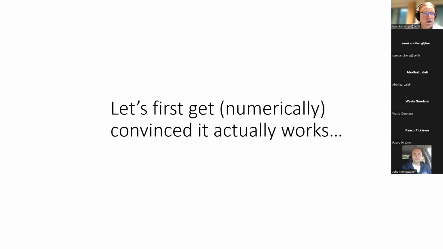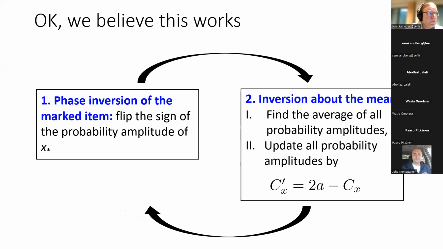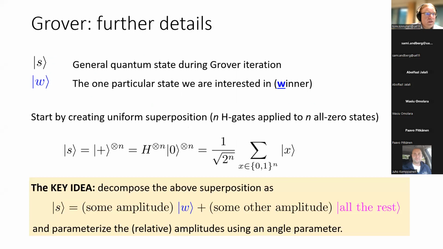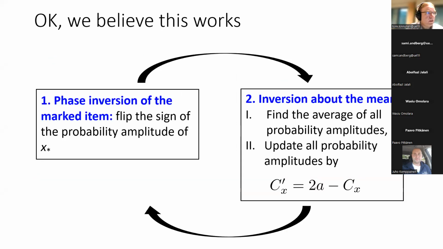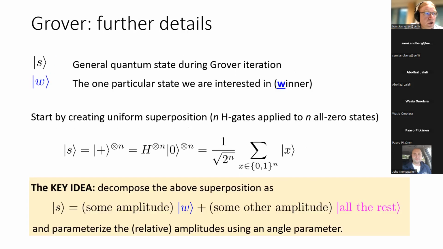So it's not really clear what is happening here in reality. So now some more details on how this works. These are the 2 steps, but now how this would work in principle.